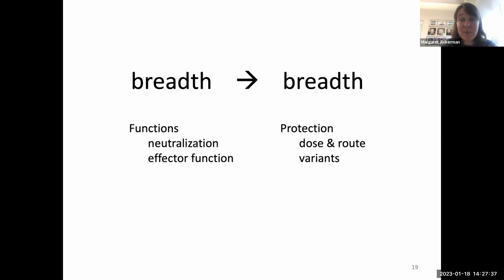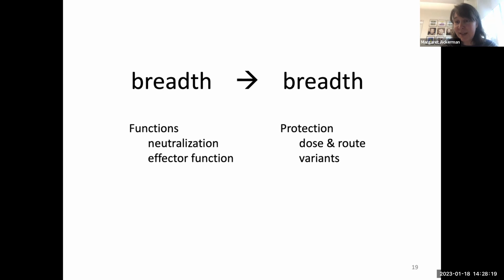And so from this HSV example, a breadth of functions certainly contribute to protection in this model. So both neutralization and effector functions, FcγR receptor dependent and complement dependent functions, appear to contribute, and they help to provide broader protection in terms of the antibody doses that will protect the animals, the routes of challenge, and the routes of antibody expression or exposure, as well as varying breadth of protection across viral variants, so between HSV-1 and HSV-2.